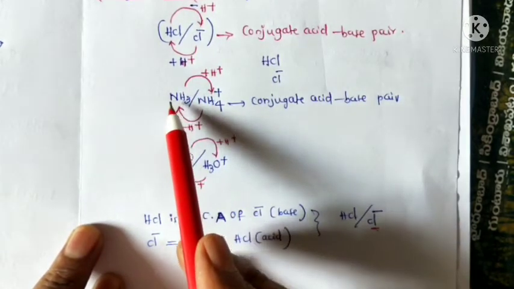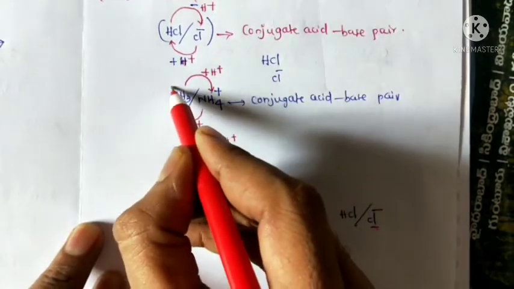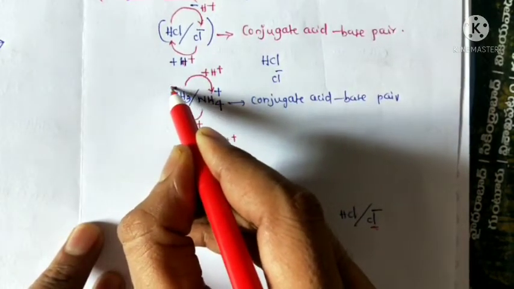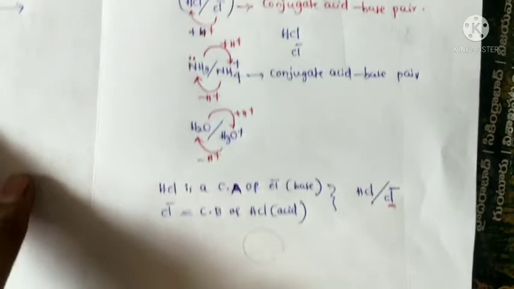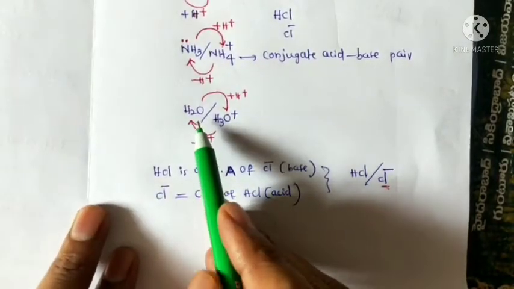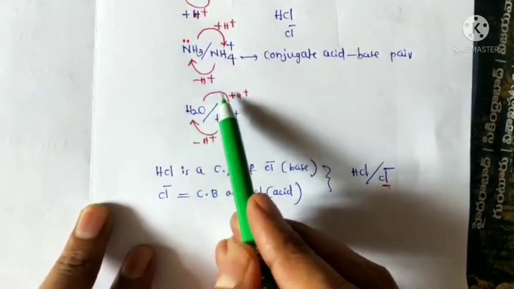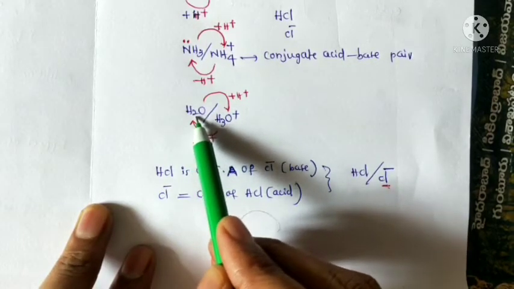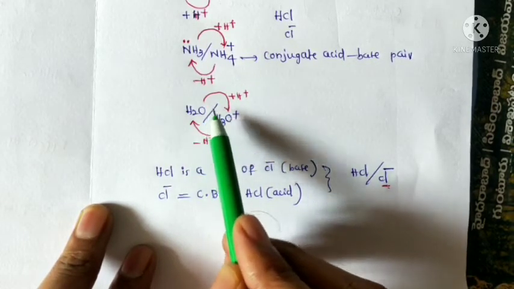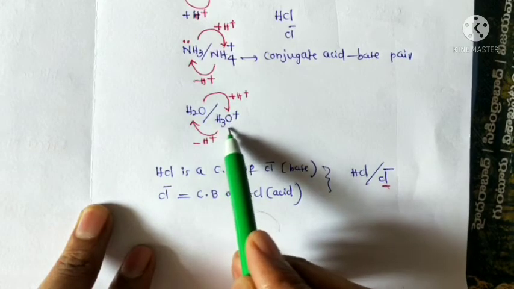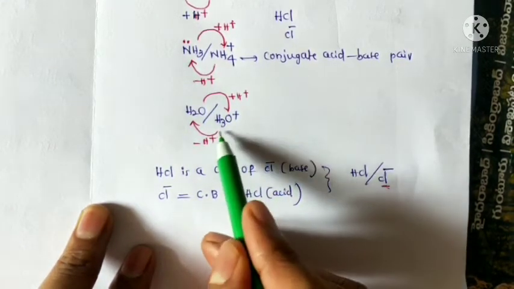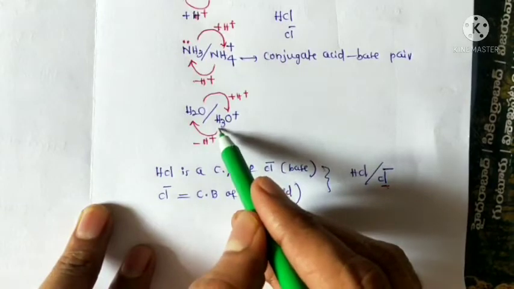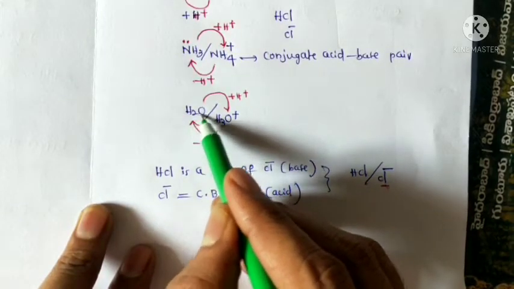Sometimes neutral molecules having a lone pair of electrons can also act as a base. Accepting a proton means base, so H2O is a conjugate base of the acid H3O plus, and H3O plus is the conjugate acid of the base.